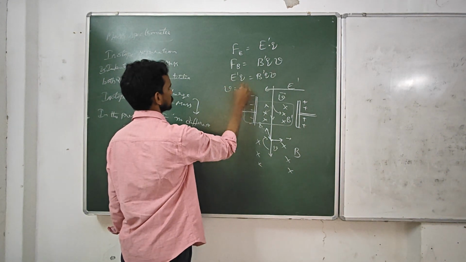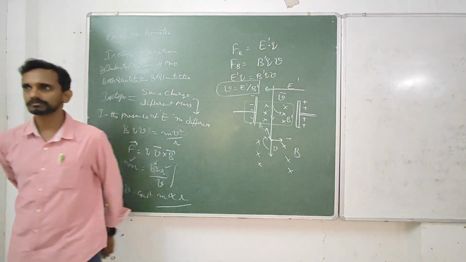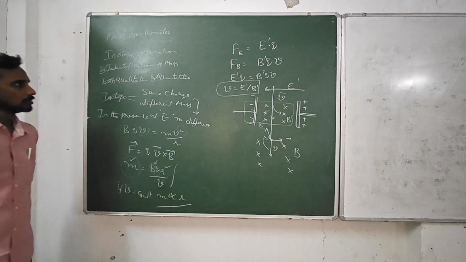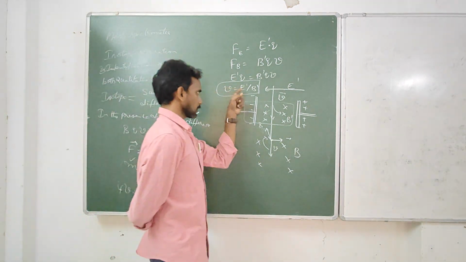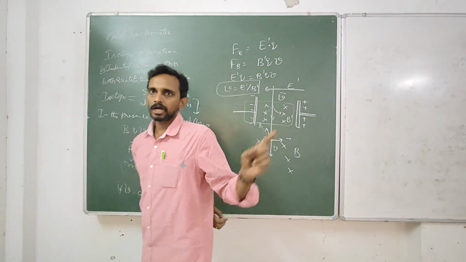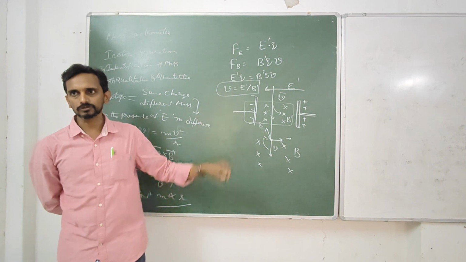In other words, V is equal to E by B. So when a particular pair of electric and magnetic fields are applied, a particle with this specific velocity will experience no force.